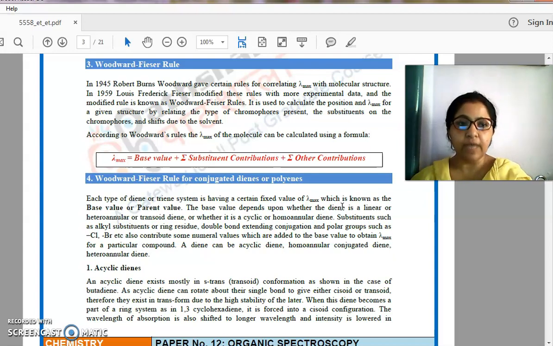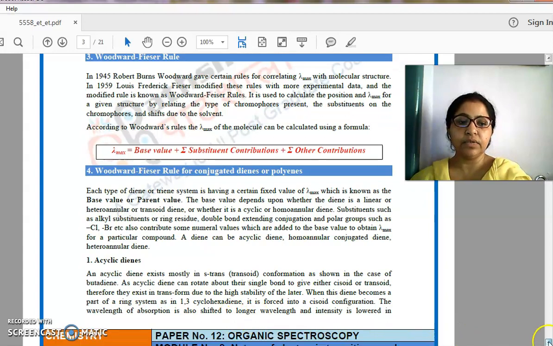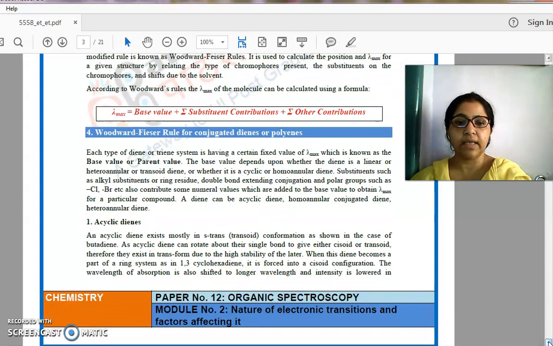According to the number of substituents there, these will be added, and accordingly the final value will come out, and that will match with the exact compound. So what are acyclic dienes? Acyclic dienes are those dienes which are not cyclic compounds.